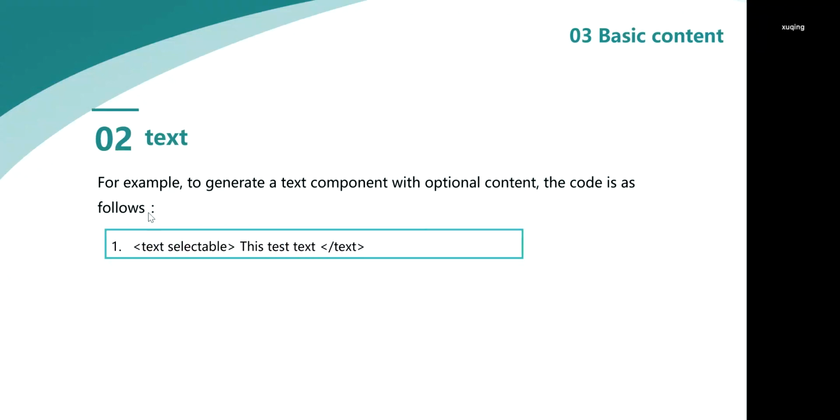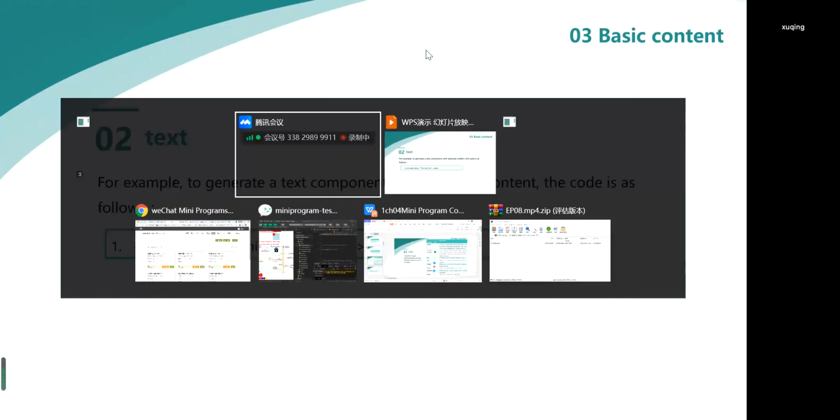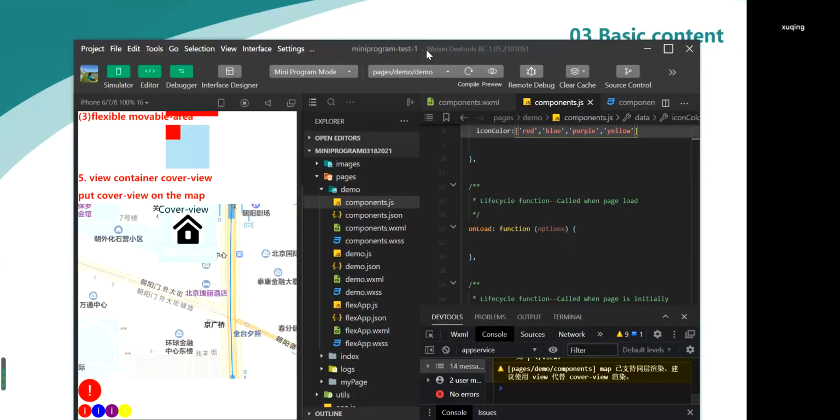So with text, we can use this attribute selectable. It's easy to check.